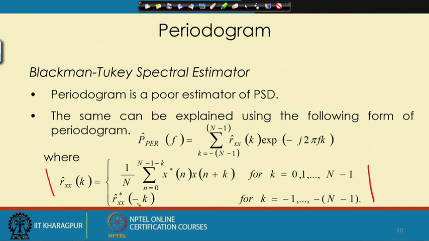And for the negative lags, we simply have taken that they are related by a conjugate transpose. So, from the positive lags we can get the negative lags.